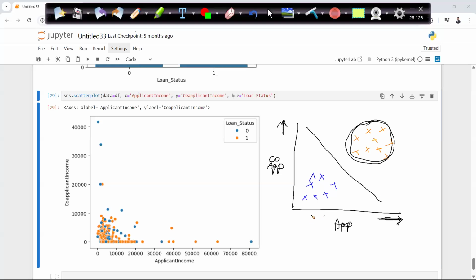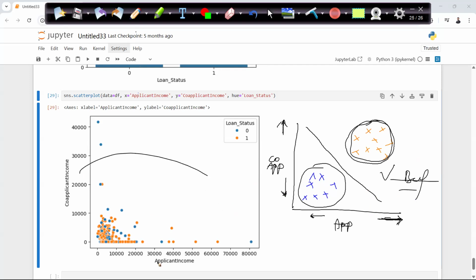And those guys who have lower applicant income and lower co-applicant income as well, they are not getting the loan. That's why this plot is a beautiful plot and making a lot of sense.